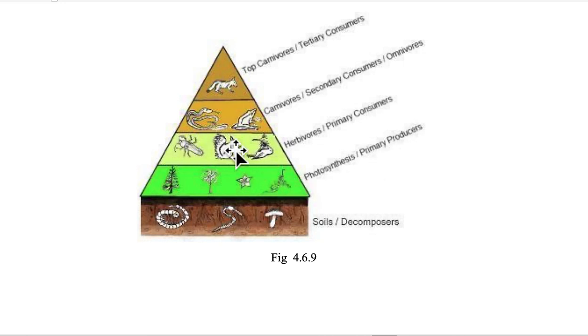So these are the primary consumers of the food which has been produced by these primary producers. But they are eaten by these animals, and so these animals are called secondary consumers. These animals are in turn eaten by the top carnivores, and they are called tertiary consumers.